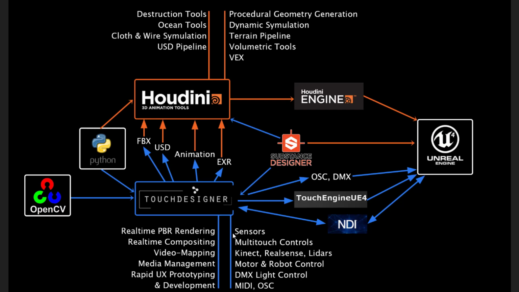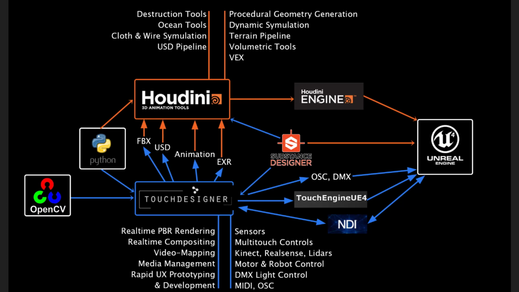We can use a lot of sensors like Kinects, RealSense, LiDARs, etc. We can use TouchDesigner for control of robots, motors, lights, and lasers, and it's very cool to integrate it with Ableton or synthesizers for making music and audiovisual productions. Also, we have support of industry standards like Substance Designer, where we can make PBR textures for Houdini, TouchDesigner, and Unreal. So it's all integrated.